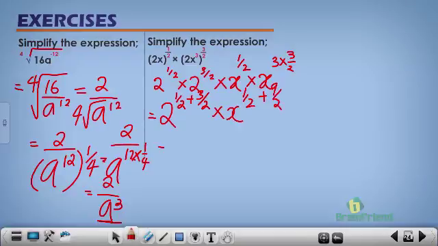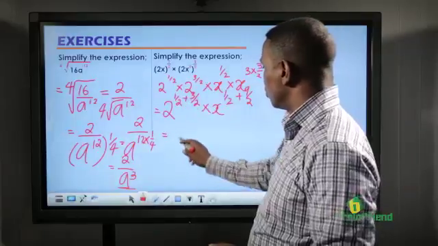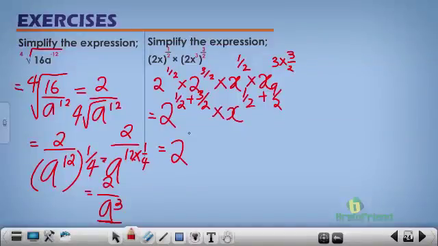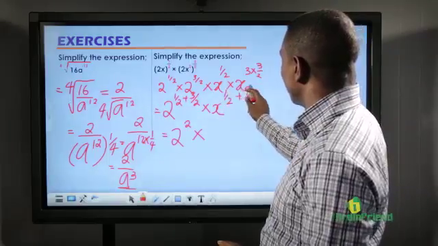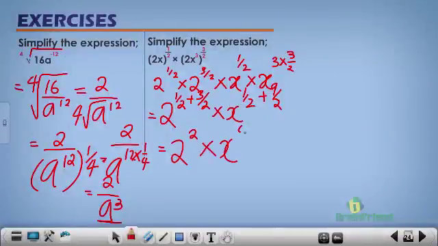Let's go on. Here we would have 4 over 2, which would give us 2. And here we would have 1 and 9 is 10 over 2, which would give us 5. This would give us 4x raised to power 5. And that's our answer.